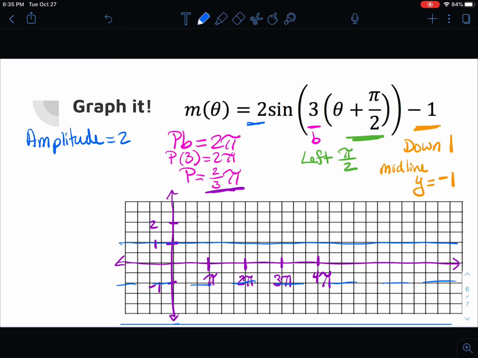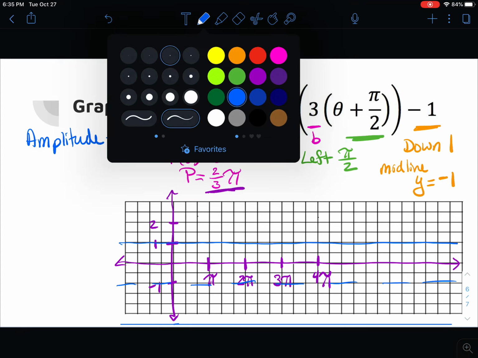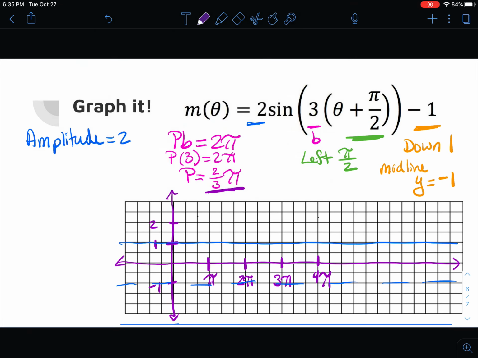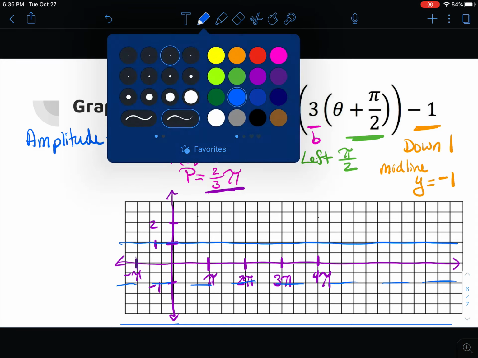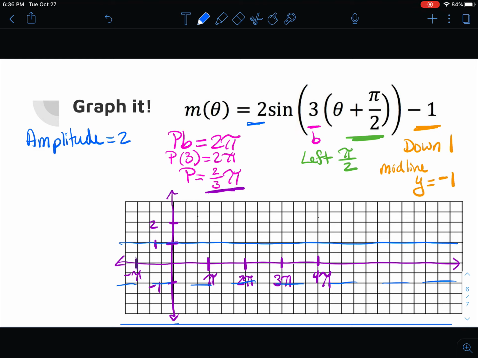Let's see here. So let me get this purple again. And let me go to the left. Oh, that's a little too dark. Okay, negative pi. Okay, so it says to start out this sine curve, left 1/2 pi. So get ready. So left 1/2 pi is going to be here.